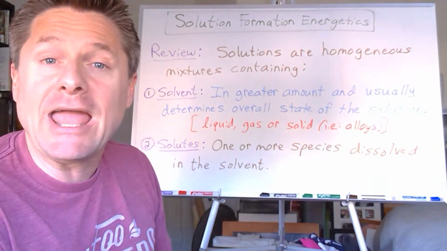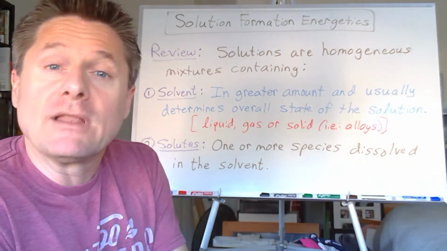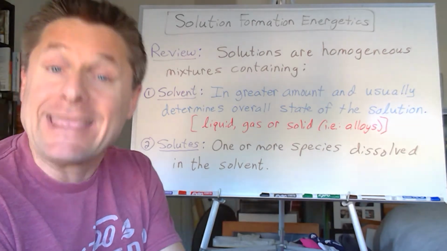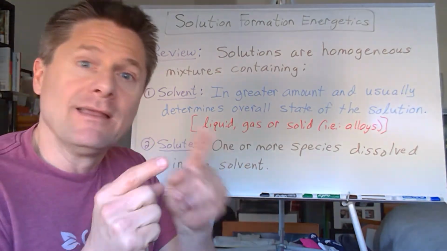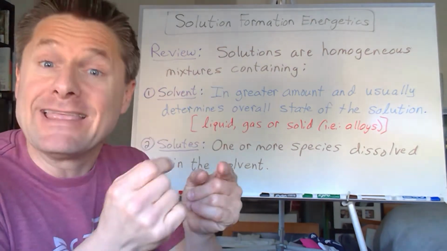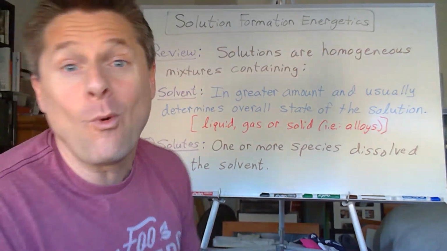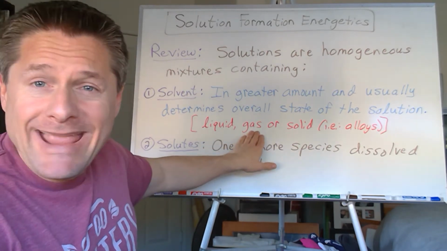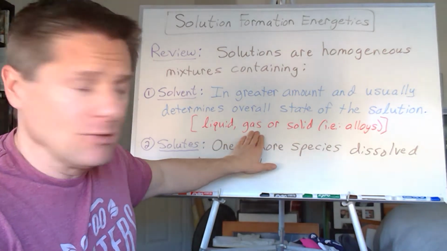So most of the time, and in most examples, we are dealing with liquid solutions, typically with a solvent water, which would be aqueous. That's why a lot of times in ionic equations you see Na plus (aq), because that means it is dissolved in water. Right on? But you can have other states of solutions, right?